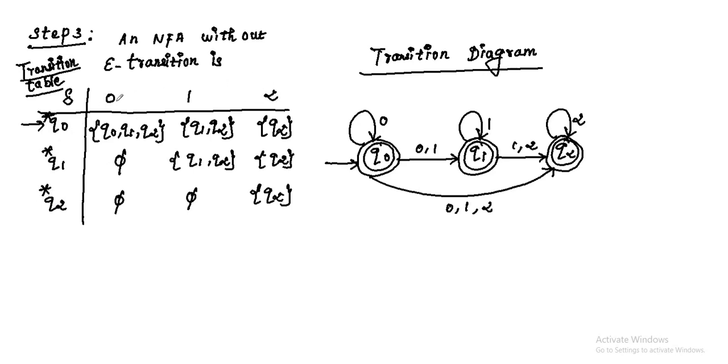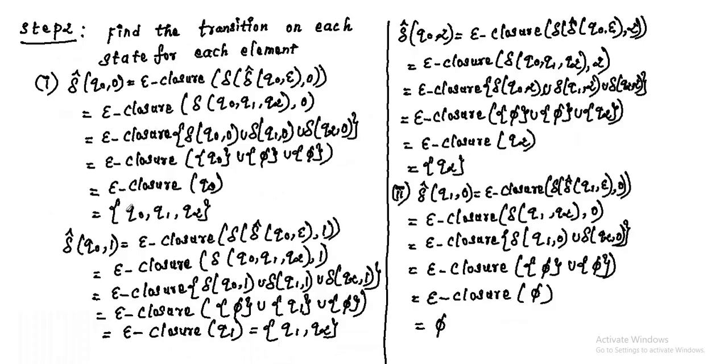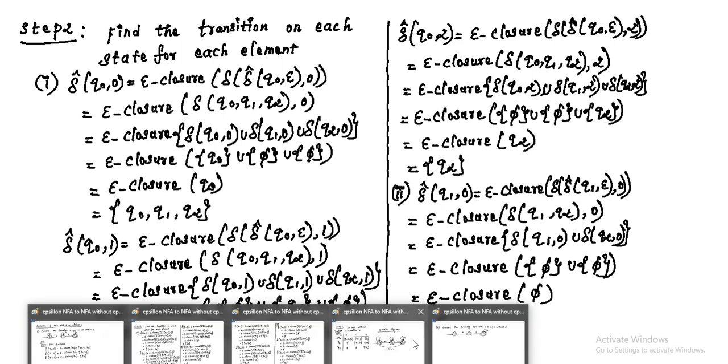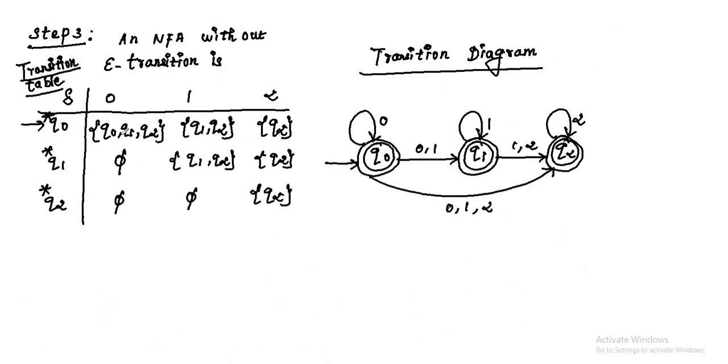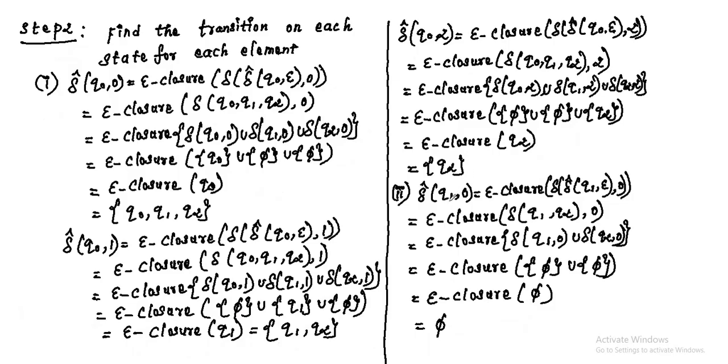So q0 on 0, look at the second step, is q0 q1 q2, and next q0 on 1 is q1 q2, q0 on 2 is q2. In this table, q0 0 is q0 q1 q2, q0 1 is q1 q2, q0 2 is q2. Next state q1, apply all the inputs 0, 1, 2. See the second step: q1 0 is null.